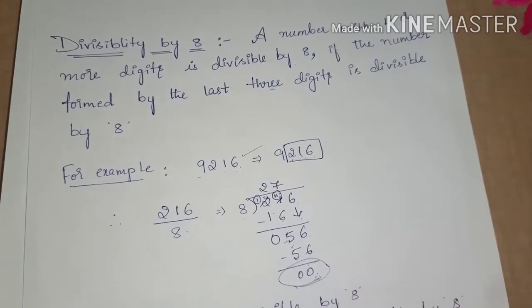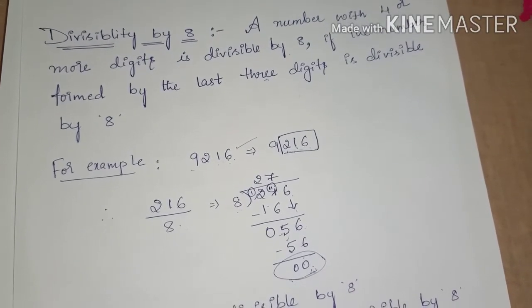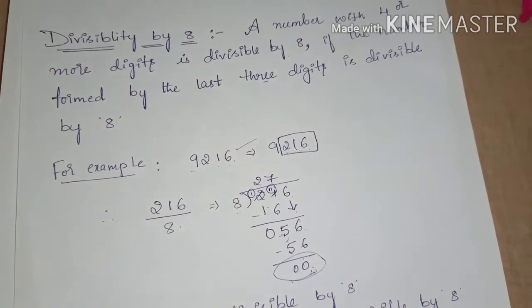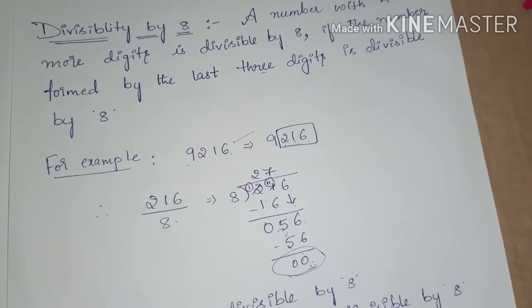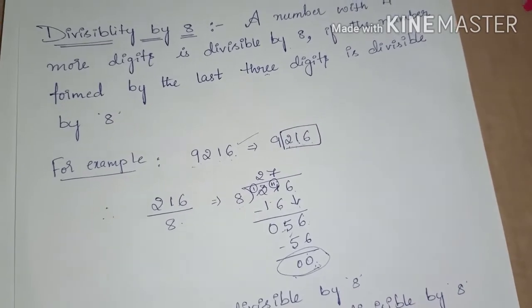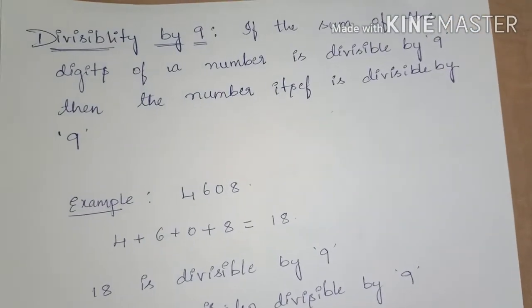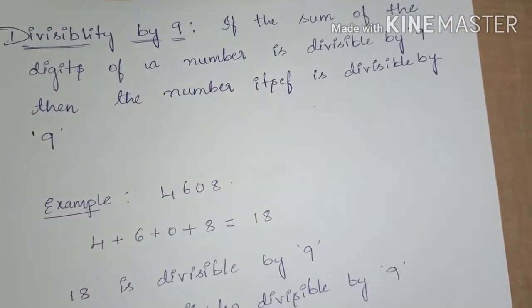That is last 3 numbers. You have to check the number formed by last 3 digits. If it is divisible by 8, then the full number, whatever the number is given, is also divisible by 8.